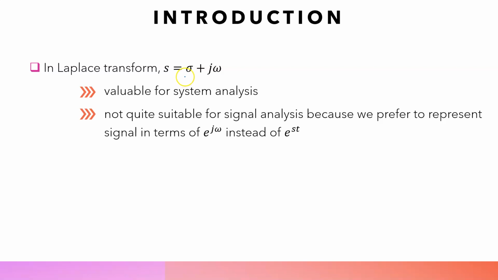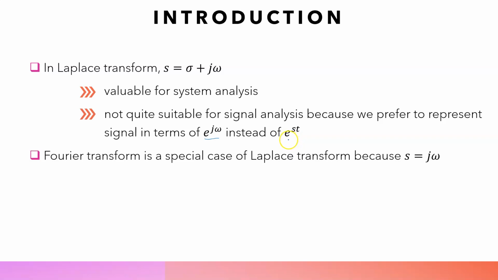However, it is not quite suitable for signal analysis because in signal analysis, we prefer to represent the signal in terms of e to the j omega instead of e to the power of st. So for signal analysis, we prefer to use the Fourier transform, which is a special case of the Laplace transform, because in the case of the Fourier transform, S equals j omega only.